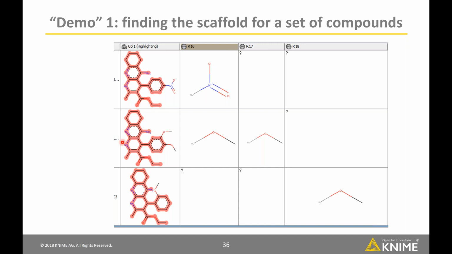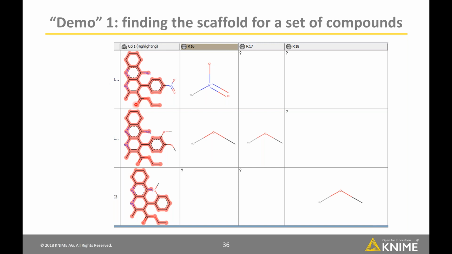This is from a single MedChem paper. And apologies, I don't have the reference up here. But what you can see is I have the maximum common substructure. This is the scaffold for the molecules in that paper. And then what the workflow does is an R group decomposition. So you get the scaffold for the paper, but you also get all of the R groups, and you can see what chemical space was explored by the authors of the paper.